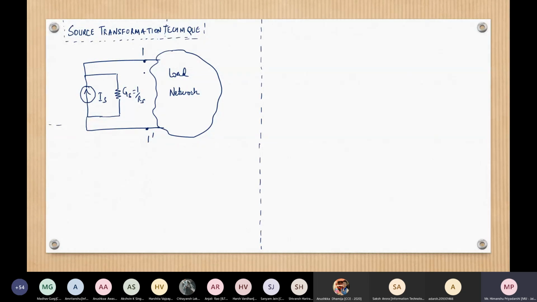The voltage you can take as, let us say, Vn, and the current entering into it, In.